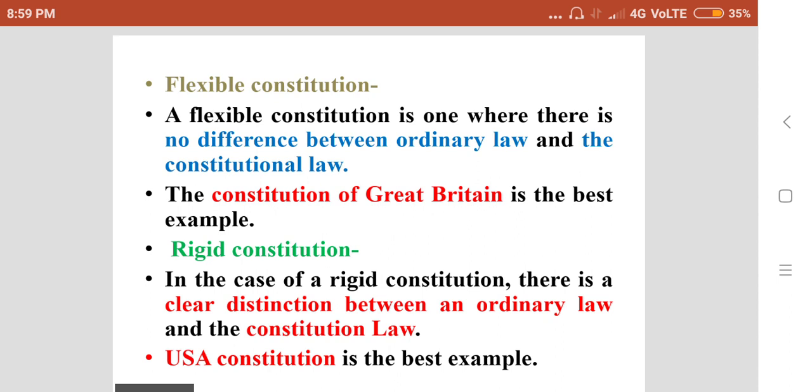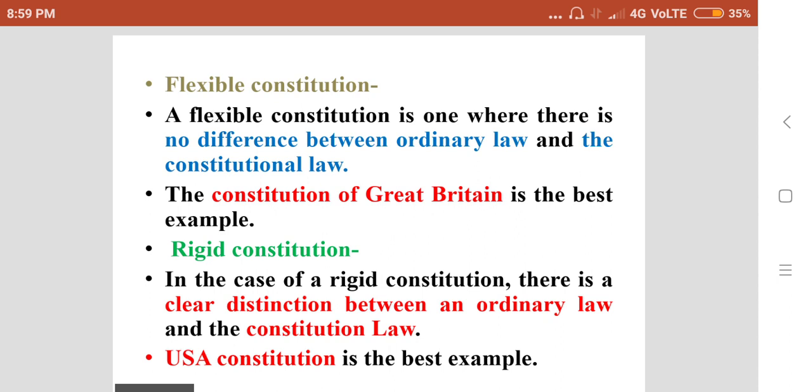So this is also another basis of flexible constitution. Whenever the time or circumstances change in the society, accordingly the flexible constitution can be changed or adjusted, can be bent according to the changing needs of the society and people. The Constitution of Great Britain is the best example of flexible constitution.